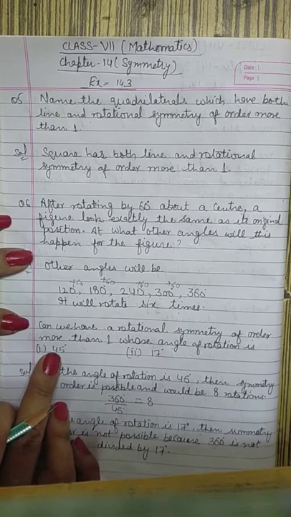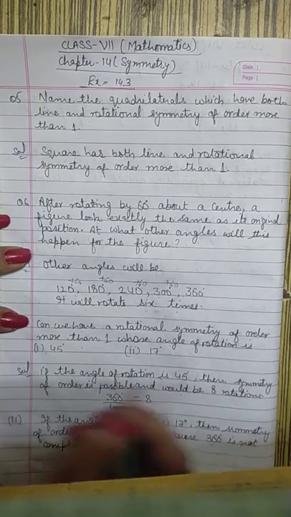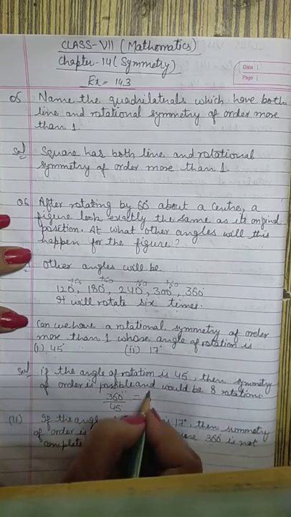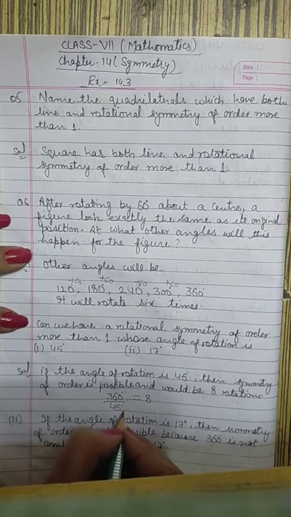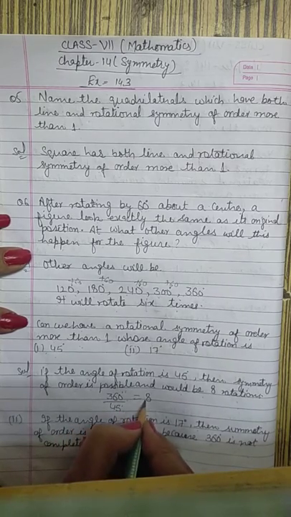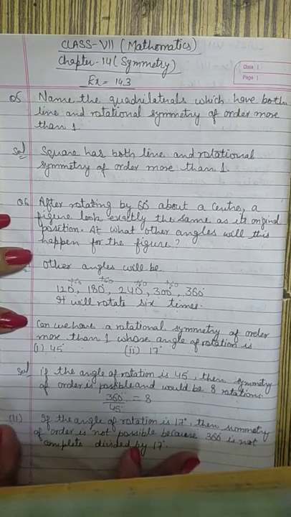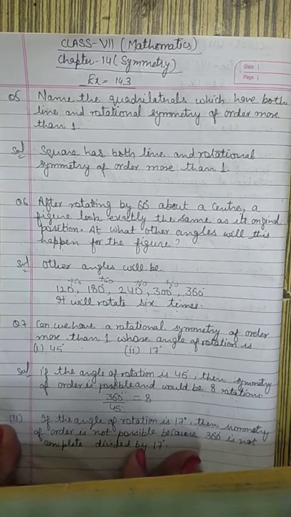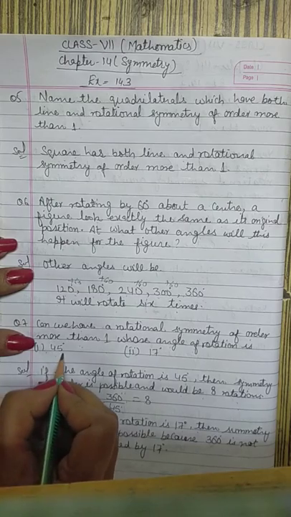See here how we have done. If the angle of rotation is 45 degrees, then the symmetry of order is possible and would be 8 rotations. As I have divided 360 by 45, I got 8. It means it has 8 rotational symmetries, whose order is 8. So yes, we have rotational symmetry of order more than 1 when the angle of rotation is 45 degrees.